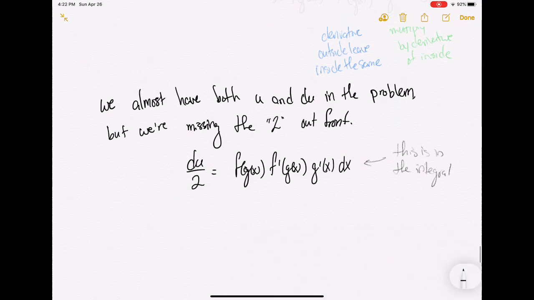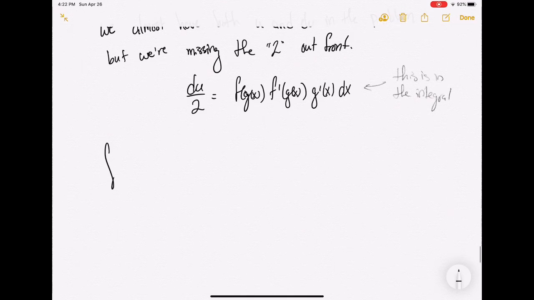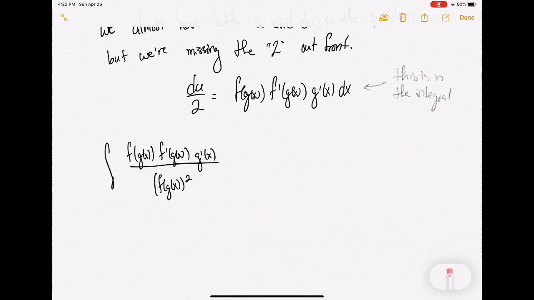And so it turns this problem into the integral, I'll rewrite the whole thing out, f of g of x, f prime of g of x, g prime of x, divided by f of g of x squared, dx.